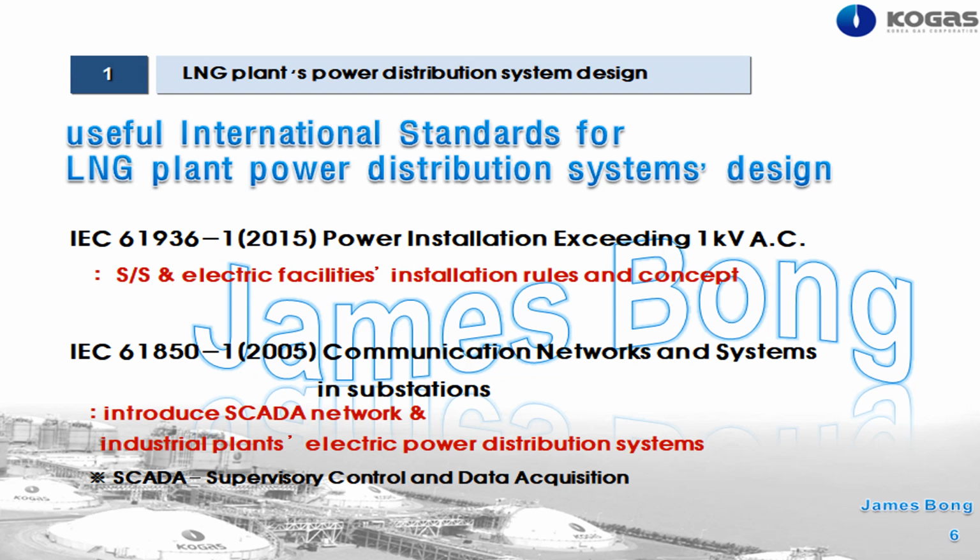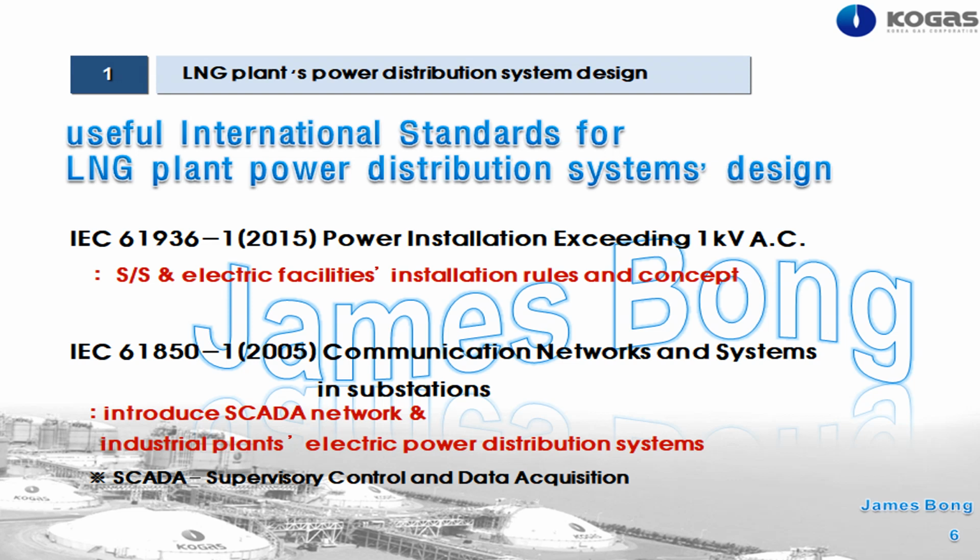There are some useful and important international standards for plant electric power distribution system design. I think not a few electric engineers might know these already. When we consider these systems, we usually refer to these famous international standards.